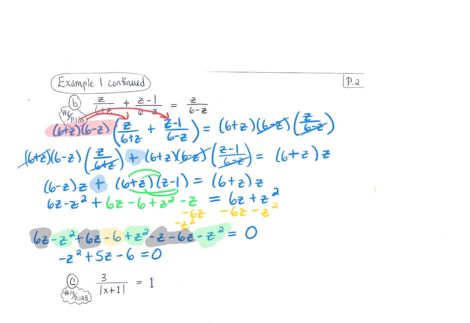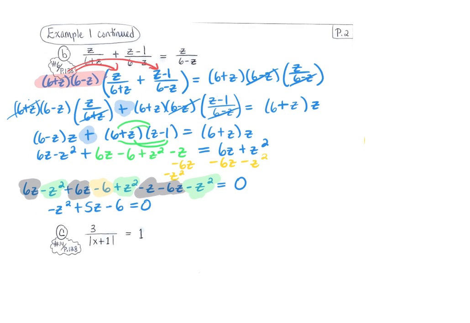So I'm going to draw just because I'm running out of room. We're going to factor out a negative 1. So that becomes negative 1 times the quantity z squared minus 5z plus 6 equals 0. Then we're going to divide both sides by negative 1.